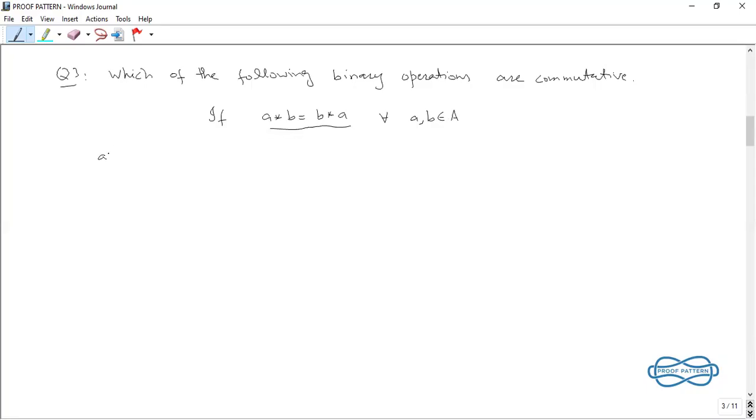Okay, the first question, part A, is to check whether subtraction of integers is a commutative binary operation or not.